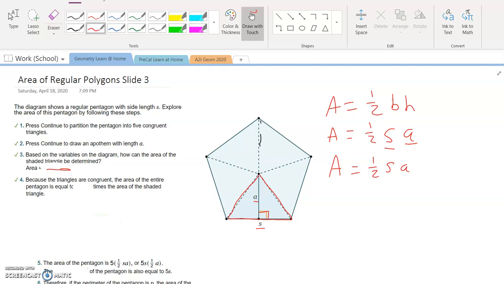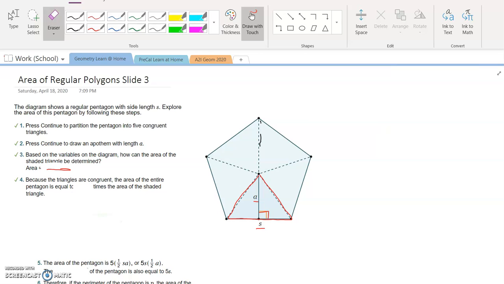On the next question, number 4, let me get rid of this stuff here. We can start on the next one. Because the triangles are congruent, what is the area of the entire pentagon equal to? So if we know the area of one triangle that we just identified, how many total triangles are there? There's 1, 2, 3, 4, 5.